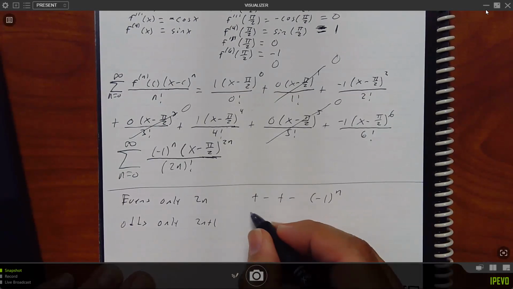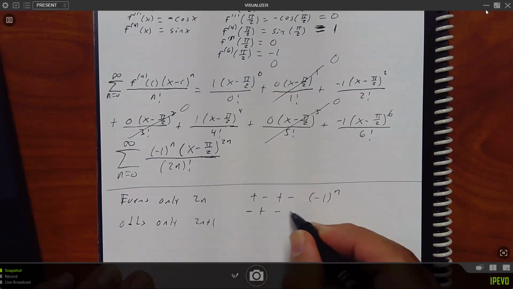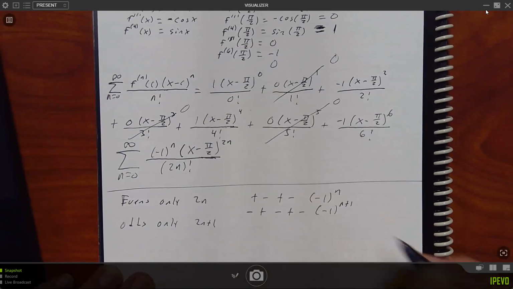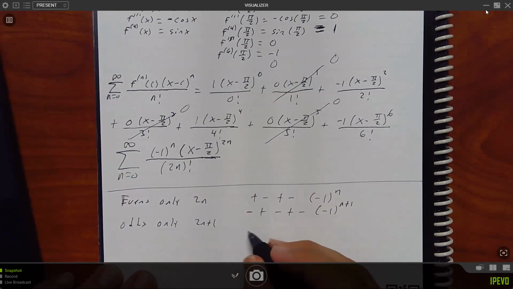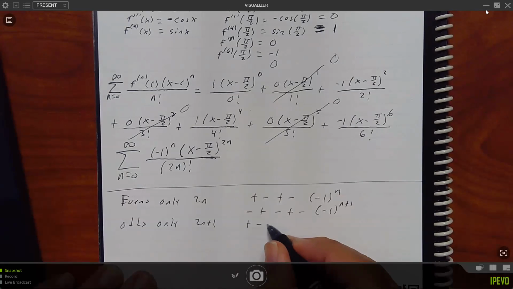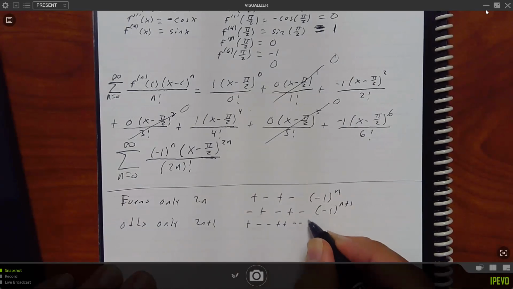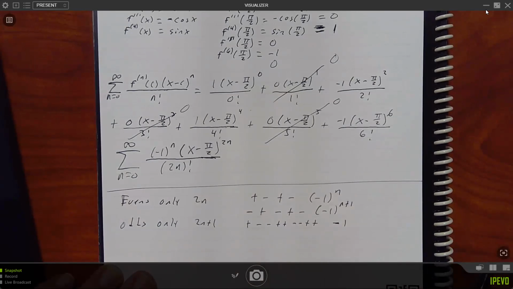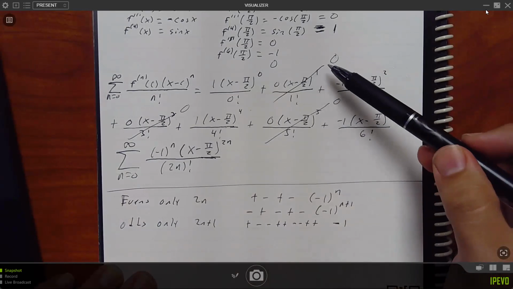If you want to start with a negative, plus, negative, use this one. See what I mean? If you wanted to do weirdness, like plus, minus, plus, minus, plus, we could have used this. So if the sine was not centered at pi over 2, if it was centered at 0, these would have stayed, right?